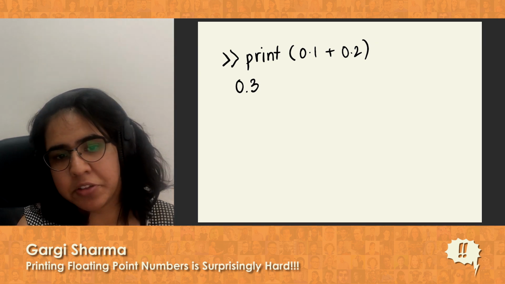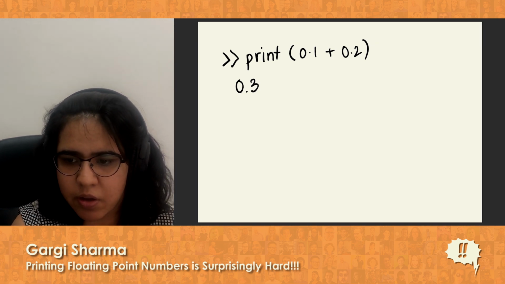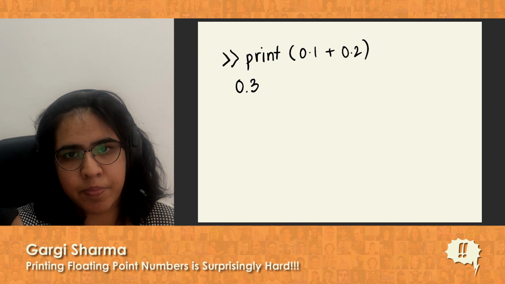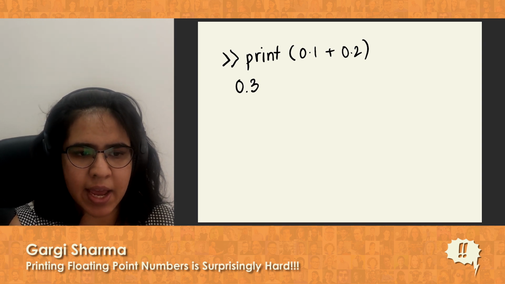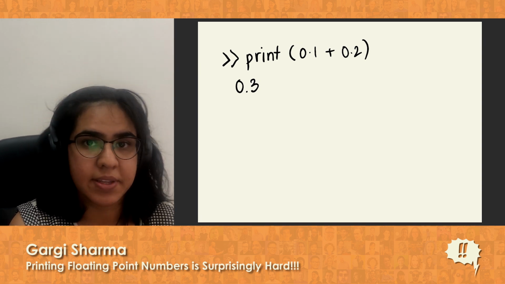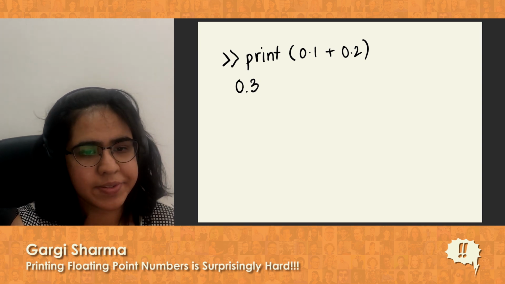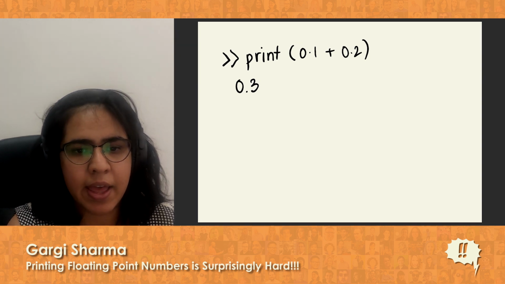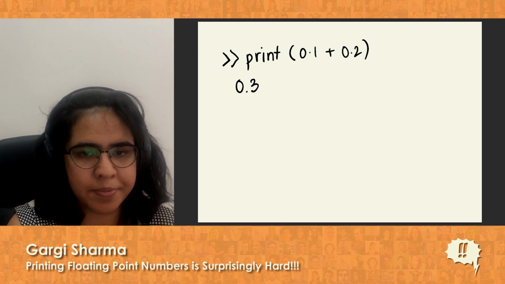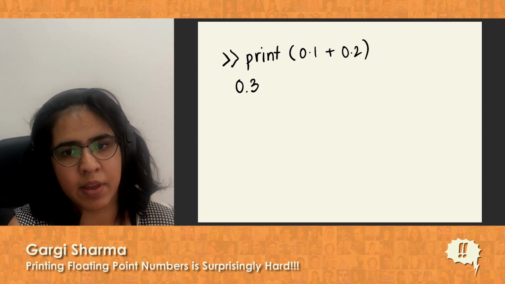One of the challenges with all the floating point printing algorithms is that there are two problems here. There's an input problem, which is what is the number that you're reading to print, and the other problem is the output problem, which is what is the number that you're printing.